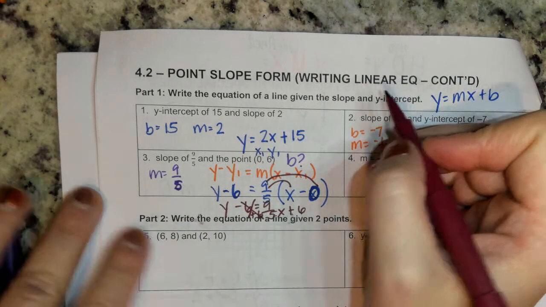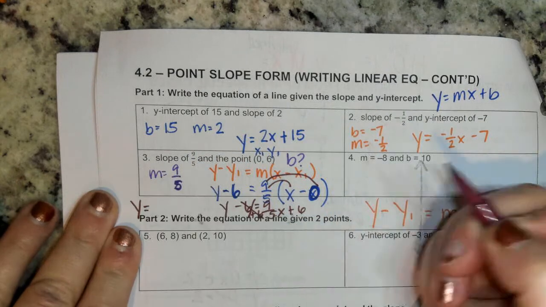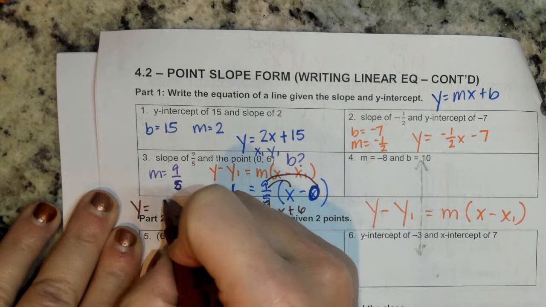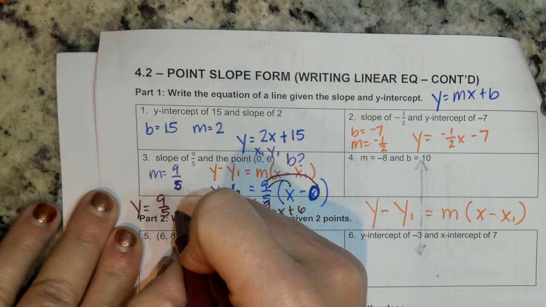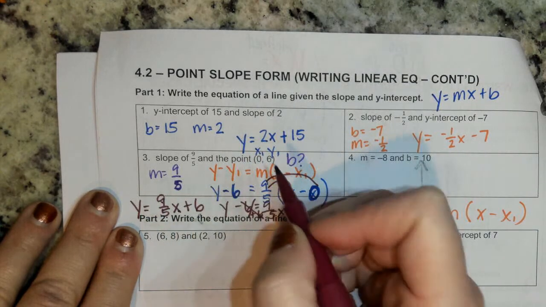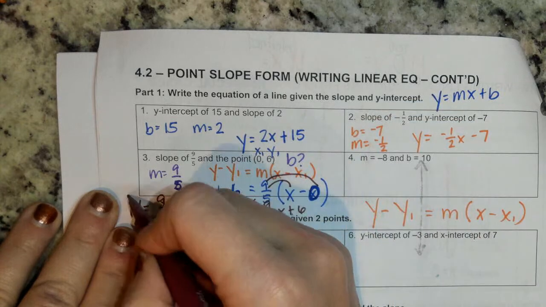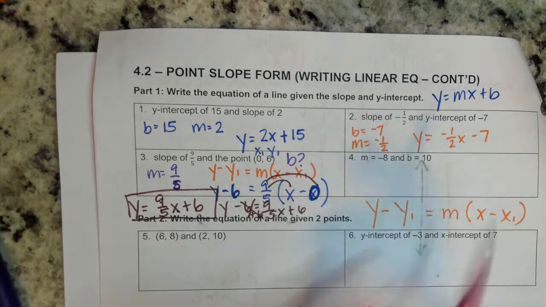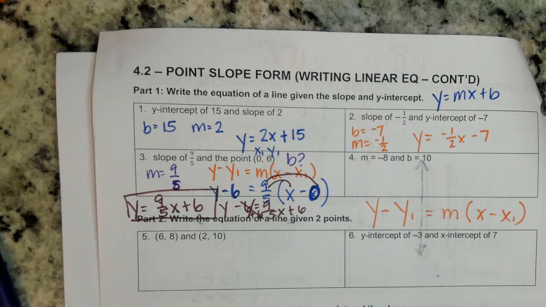So I'm going to write the answer over here because I kind of got carried away. y equals, clean it up a little bit, 9/5 x, that's your m, plus 6. That's your b. Your b ends up being 6. Okay? Let's do number 4.